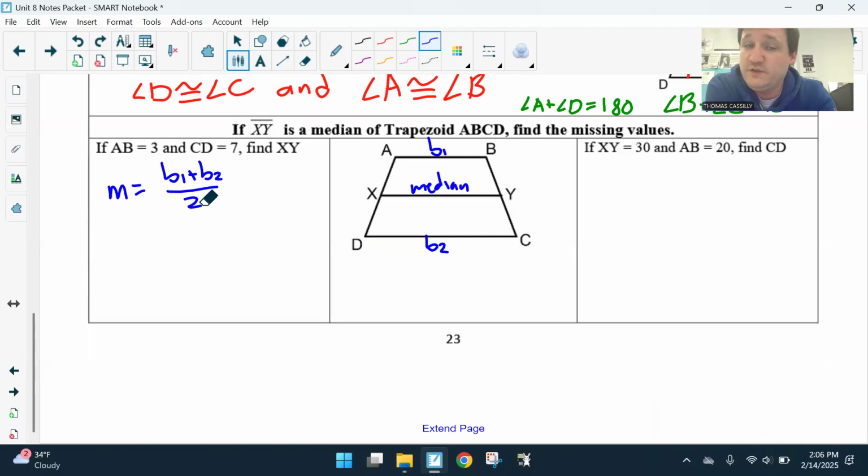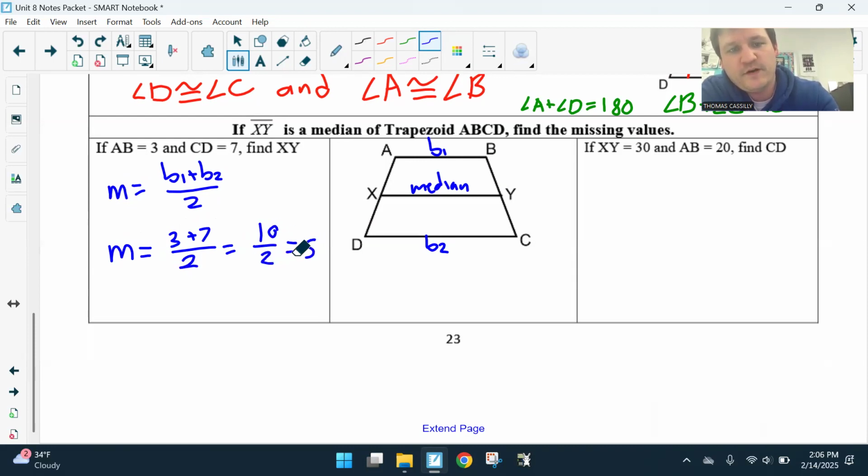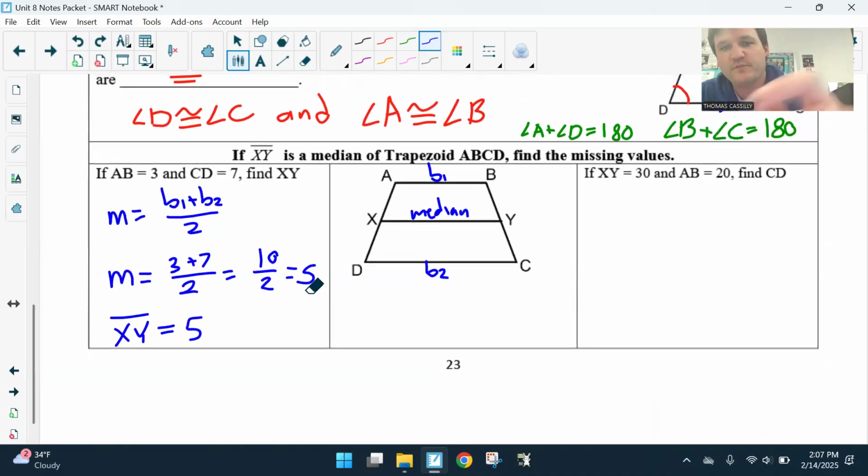We don't know the median, so we're going to leave that as our variable. The median, m in this case, equals, well, AB is 3, CD is 7. We just chop that in half. All right, 3 plus 7 gives us 10. We have to divide it by 2, so we have 5. All right, so our median, in this case XY, if we wanted to rename it XY, is just equal to 5.